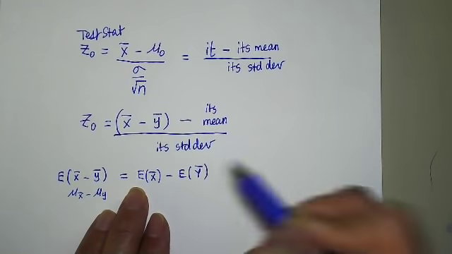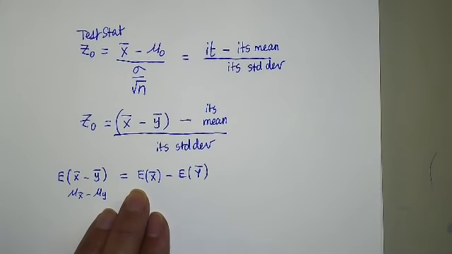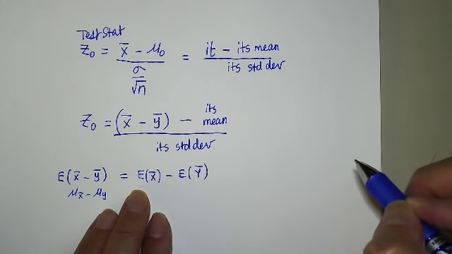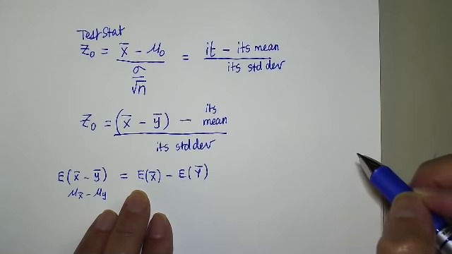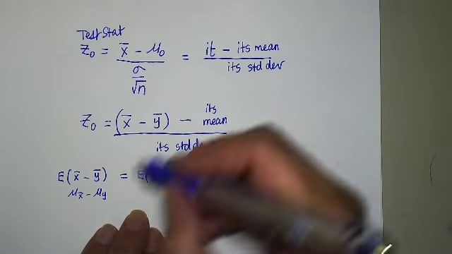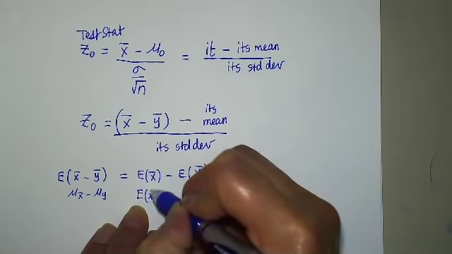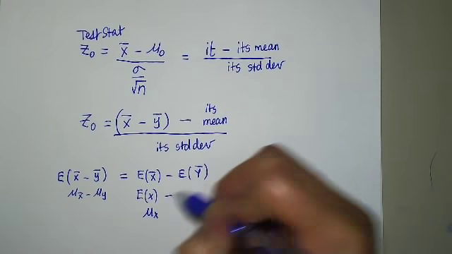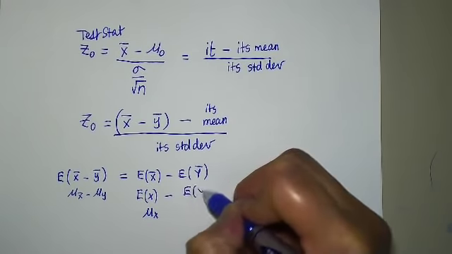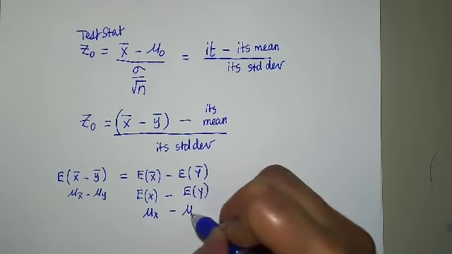So what is the mean of x bar minus y bar? We write it like this: E of x bar minus y bar, otherwise known as mu x bar minus mu y bar, is equal to E of x bar minus E of y bar.